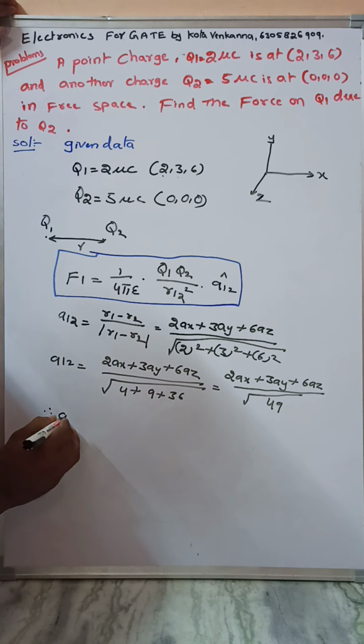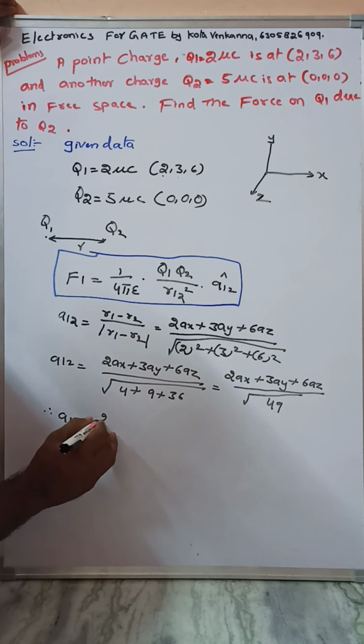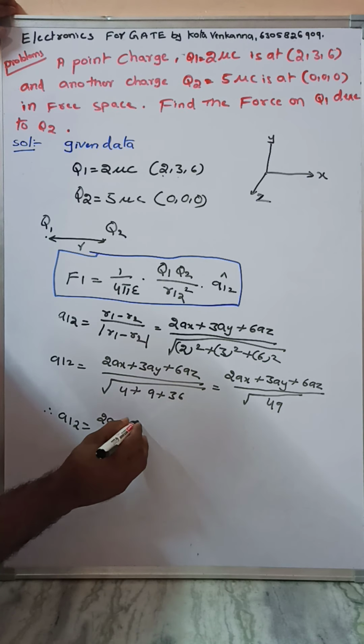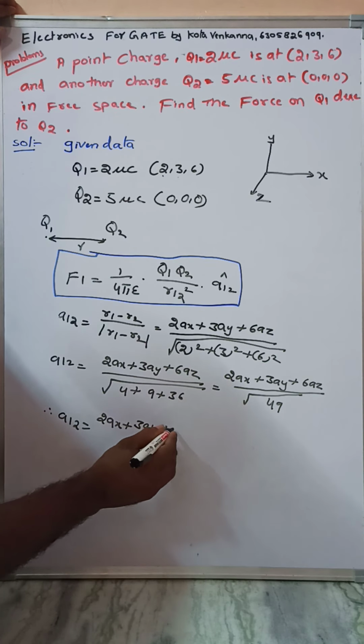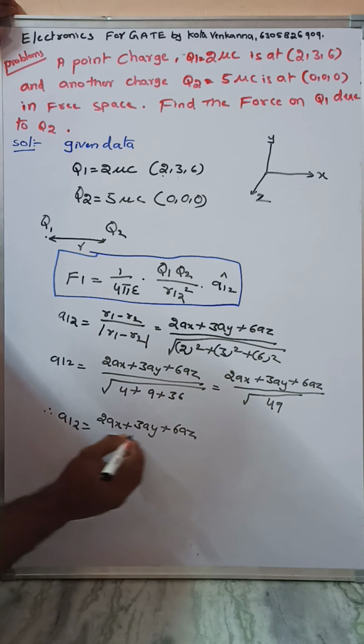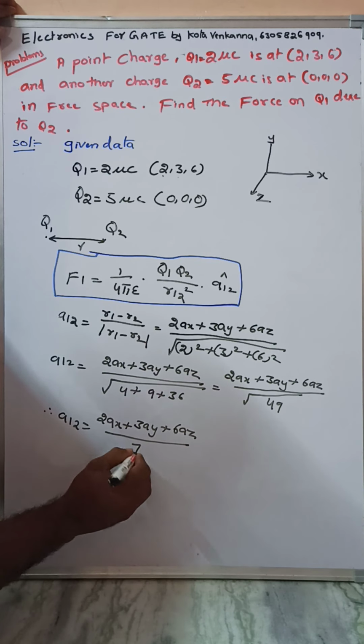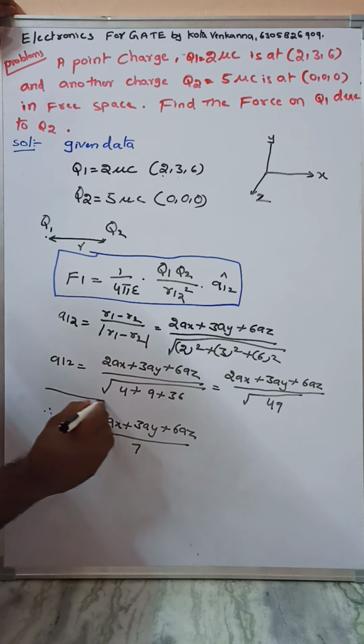Therefore A12 is equal to 2 ax plus 3 ay plus 6 az by 7.